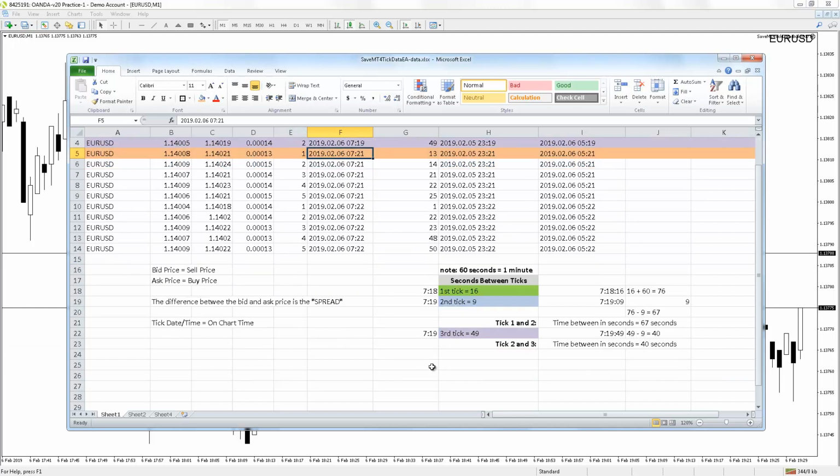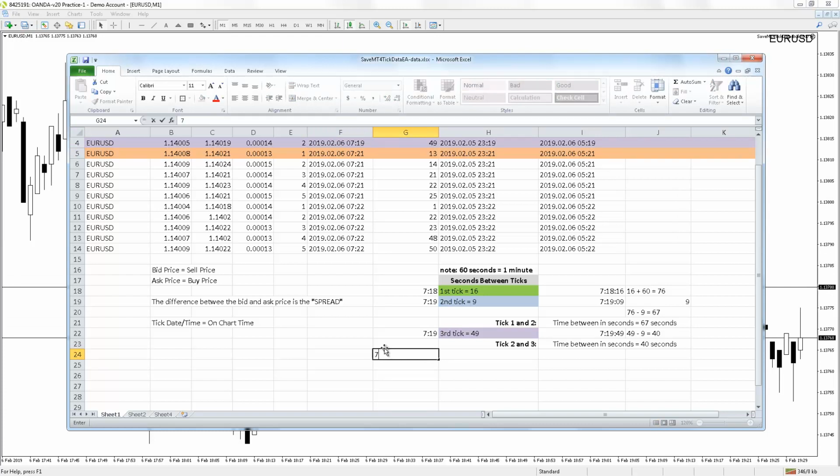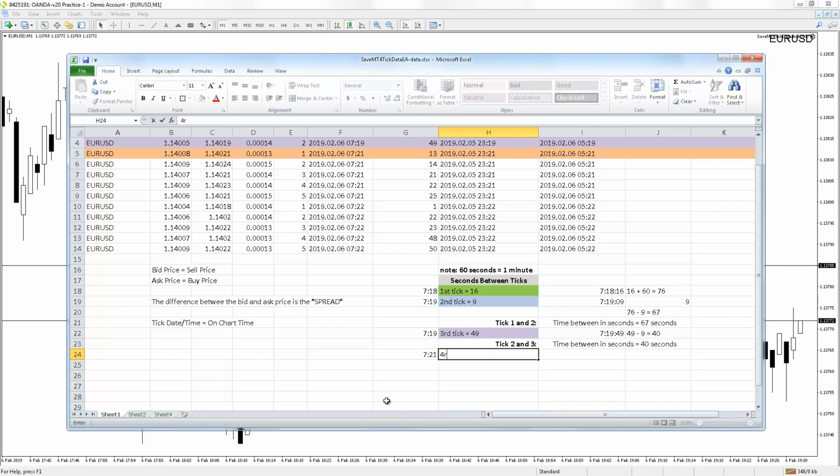So let's go here, 7:21, big change, right? So fourth tick equals, we don't know yet, right? So let's go ahead and mark that.